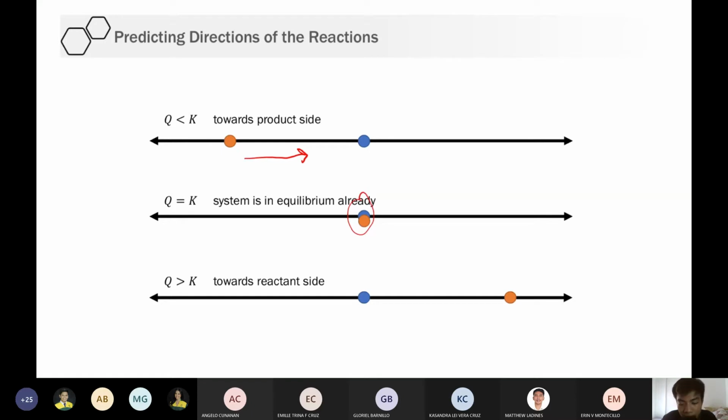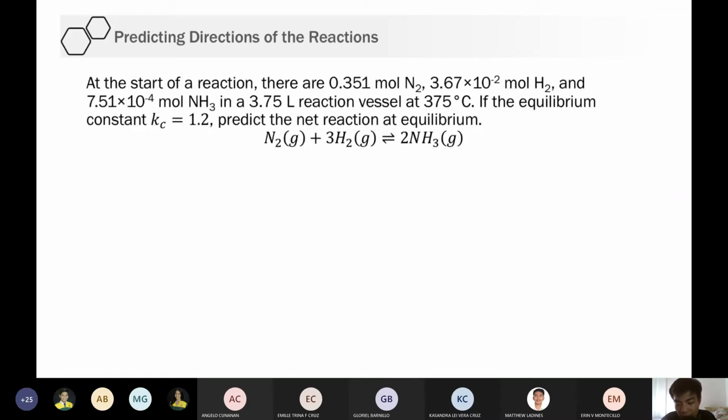But if your Q is greater than K, in order to achieve equilibrium, the system has to go back. Okay? So to the left yung kanyang shift. Okay? And then nag-solve tayo. So, we started with the initial amount, then we just tell kung saan pupunta yung reaction.